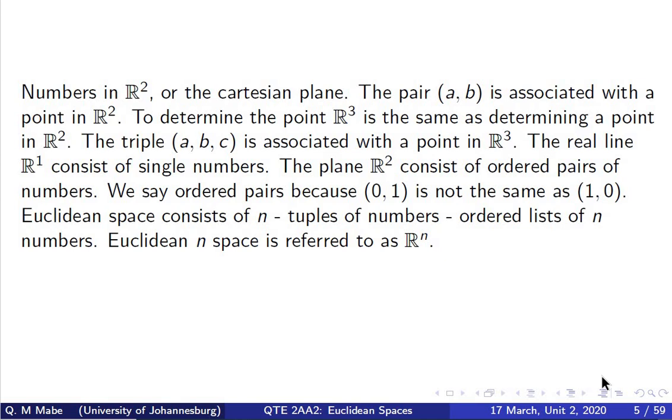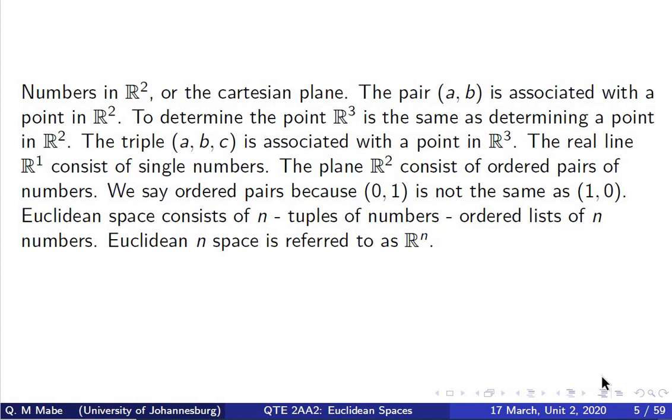And a point in R3 is just a triple (a, b, c). This triple is also ordered, in the sense that (a, b, c) is not the same as (c, b, a) or (b, a, c).